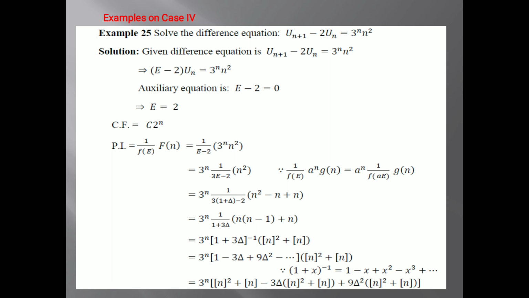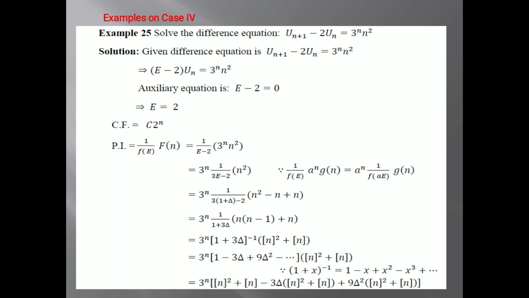Here in the given equation, the RHS is in the form of 3 raised to n into n square. So we use case 4 for the particular integral as 3 raised to n into 1 upon 3 E minus 2 into n square, because 1 upon f of E raised to n into g of n can be written as a raised to n upon f of a into g of n.